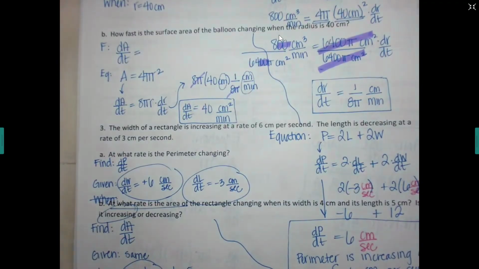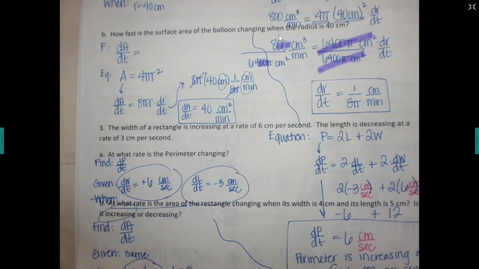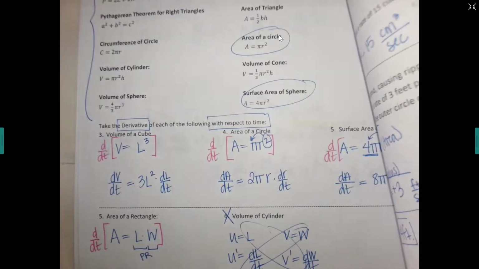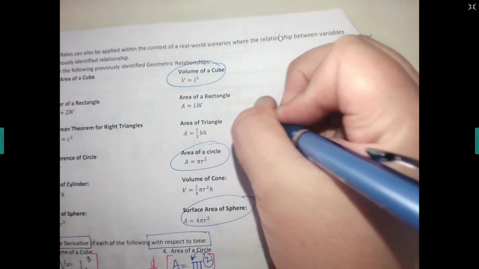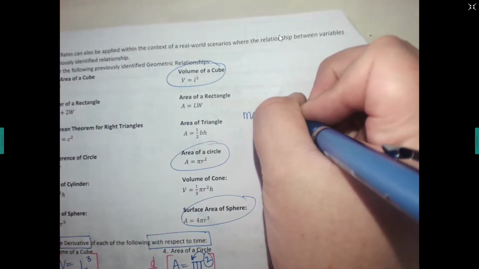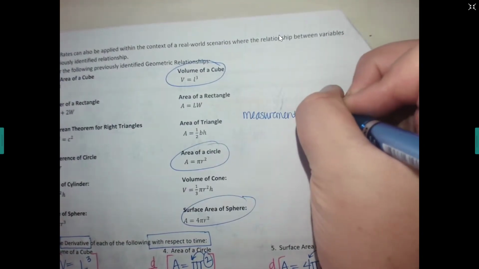All right, then will you turn back to your formula chart? I'm going to give you just a little cheat sheet on your formula chart for units. Okay, that usually for the rest of this packet, I'm not going to keep track of the units all the way through because you can just kind of know what they are at the end. So on your little cheat sheet here with all the formulas, okay, if it is a measurement, your units are going to be unit per time.